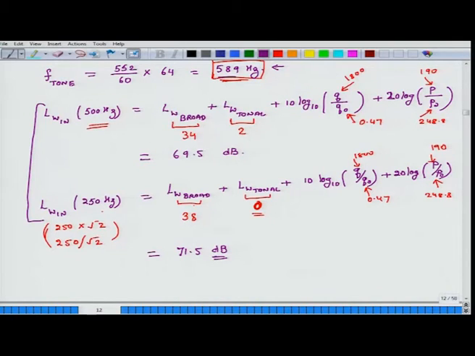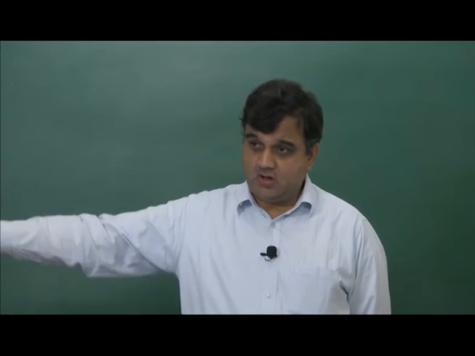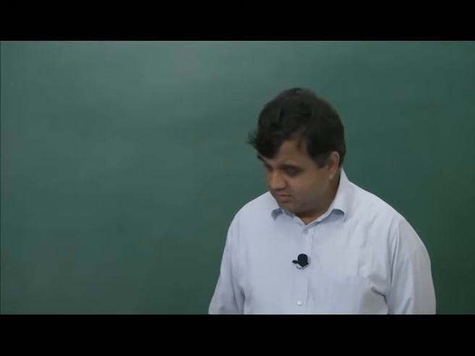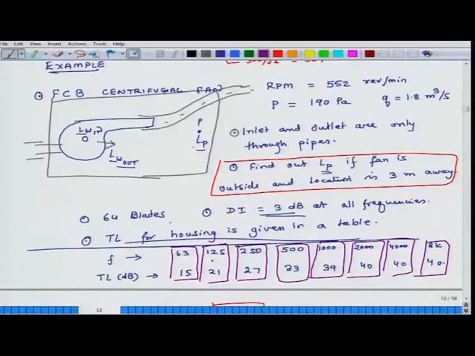So I have calculated LW in for 500 hertz, I have calculated LW in for 250 hertz, and similarly we have to calculate for 63, 125 and all other frequencies. Okay. So you understand this. So next, what did we say? We have to do LW in, then we calculate LW out.